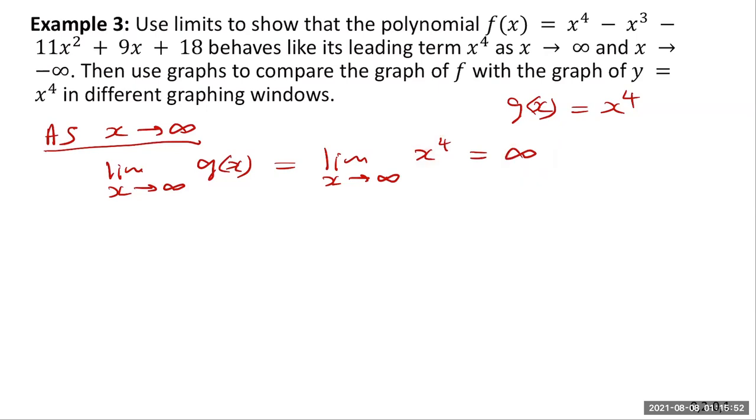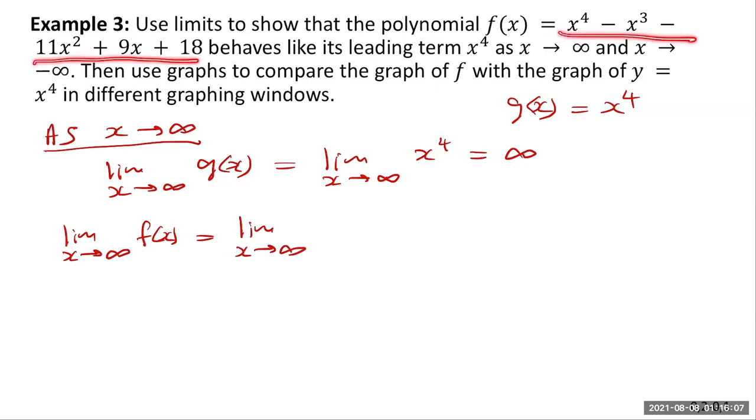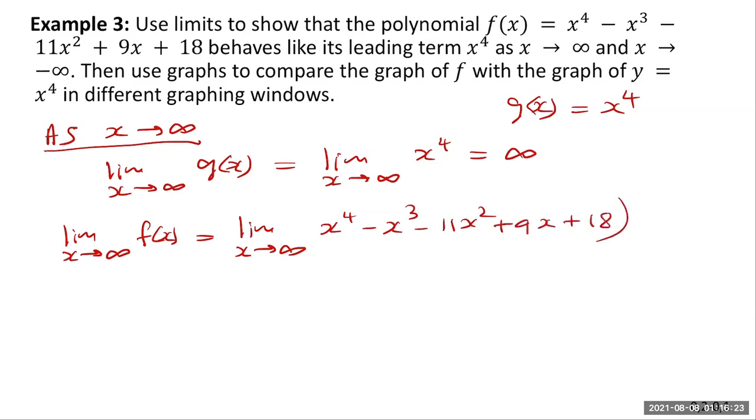Now let's calculate the other limit: the limit as x approaches infinity of f of x. What would that limit be? Notice that my f of x is this function, let me write it here: x to the power 4 minus x cubed minus 11x squared plus 9x plus 18.